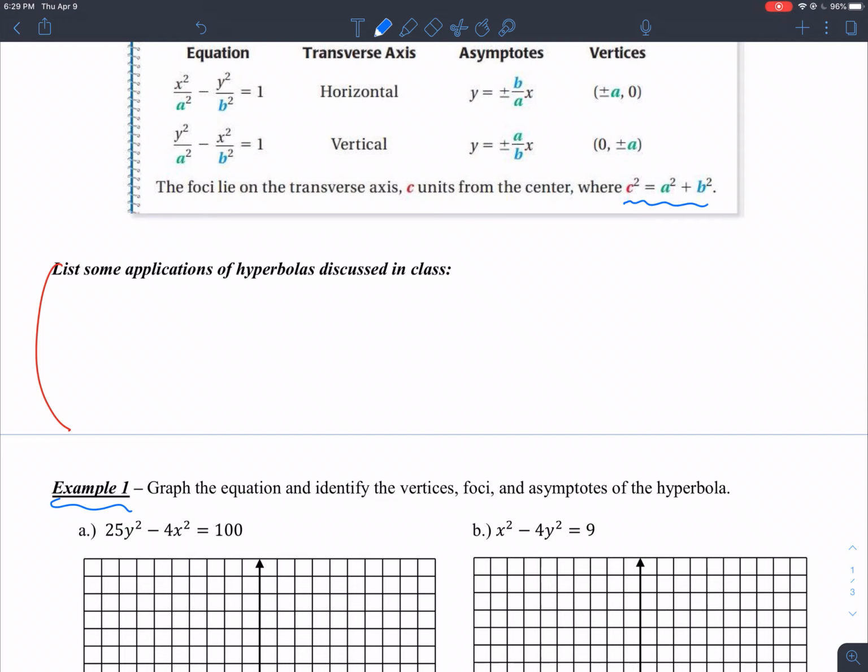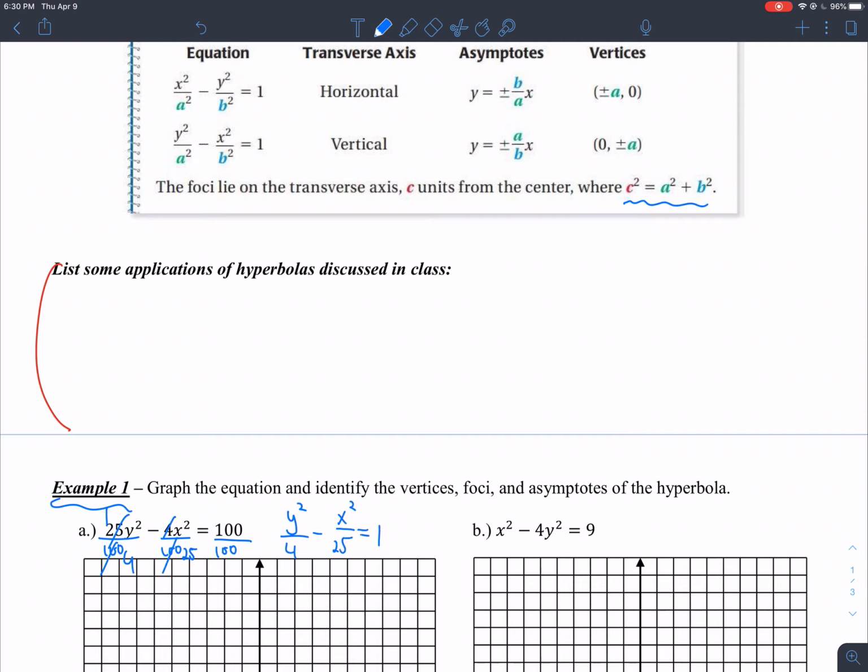I need to make the equation equal to 1, not 100. What you do to make it equal to 1 is just divide by 100 here, divide by 100 here, divide by 100 here. And then it's fairly easy after that. 4 divides by itself, 25 goes into itself once, and here 4. And so you quickly end up with this for your hyperbola equation.